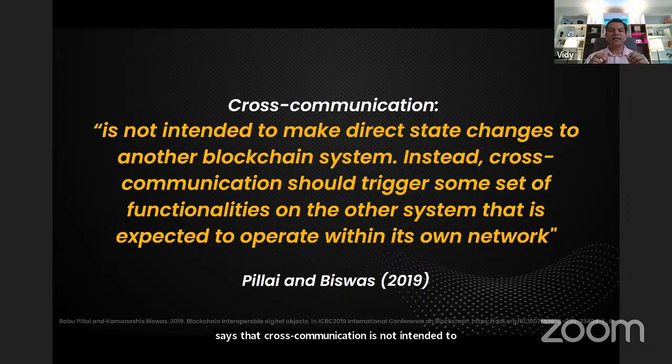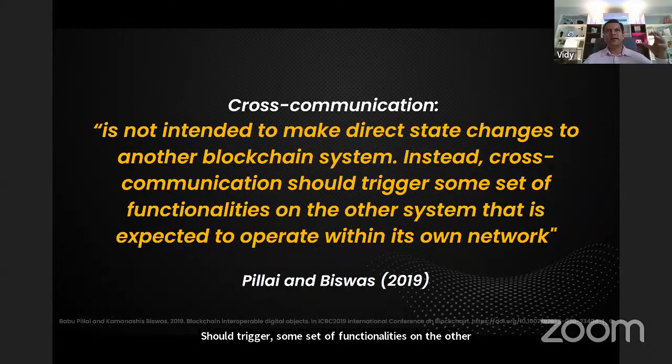This definition by Pillai and Biswas, 2019, says that cross communication is not intended to make direct state changes to another blockchain system. We are not going to change the state of another blockchain system, but instead cross communication should trigger some set of functionalities on the other system, which is expected to operate within its own network.